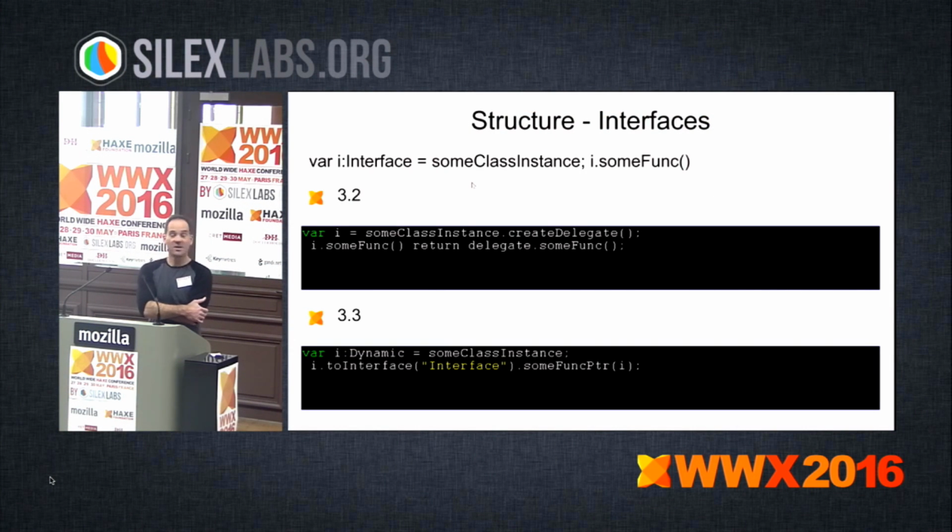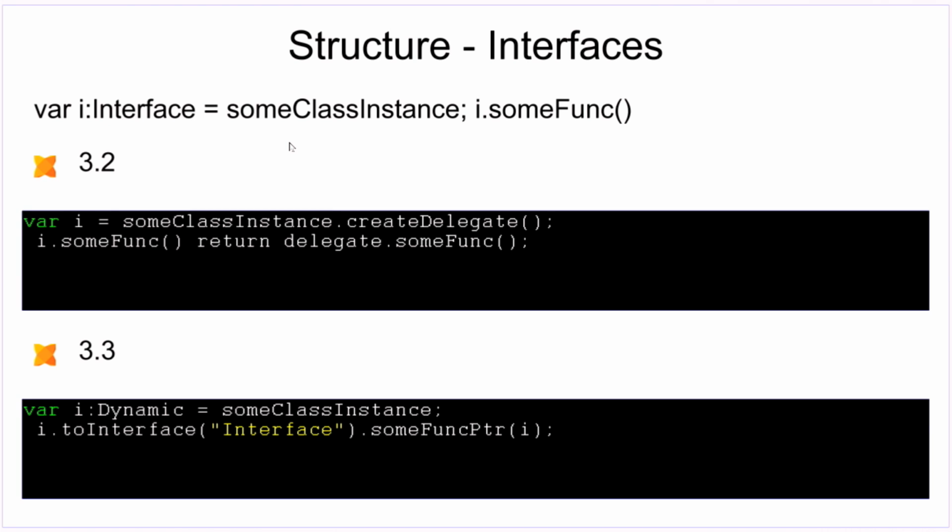Interfaces is something else that I've changed the implementation of a couple of times in CPP. In 3.2, they involve creating a little delegate object. So when you assign an instance to an interface type variable, it creates a little delegate that has like a trampoline function.